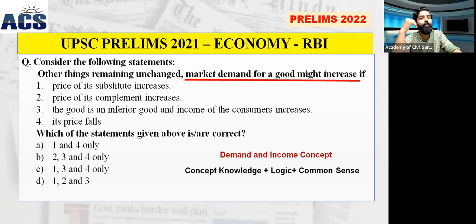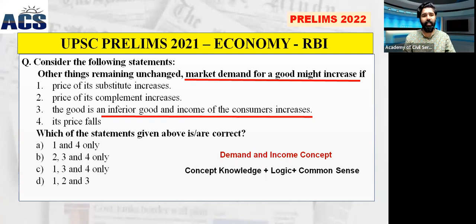The first statement: the price of its substitute increases. We don't know that. The second: the price of its complement increases. Even that statement we cannot confirm. Then the third statement: the good is an inferior good and the income of the consumer increases. This is the concept where we can apply some logic, some common sense, some concept of demand and income.